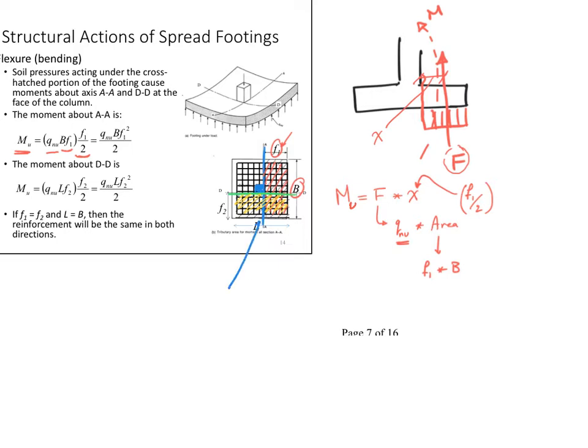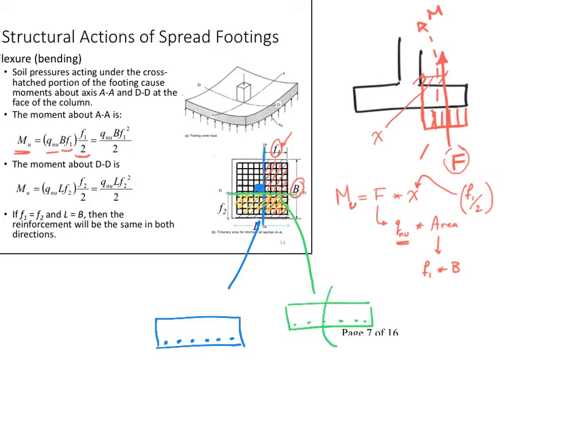This blue section will look something like this, with some rebars here. Okay? And then this green section will look something like this, with some bars over here. Right?